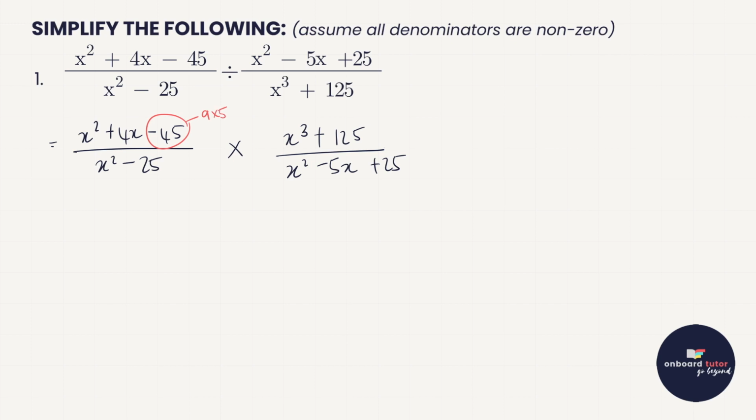So let's factorize this trinomial here. So we're going to have a bracket x and a 9, a bracket x and a 5. And how can I use a 9 and a 5 to make a positive 4? Well, that's going to be positive 9 minus 5. And then we do our sign check. Plus times minus is minus. 9 times 5 is 45.